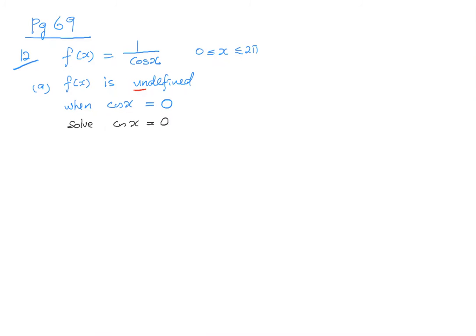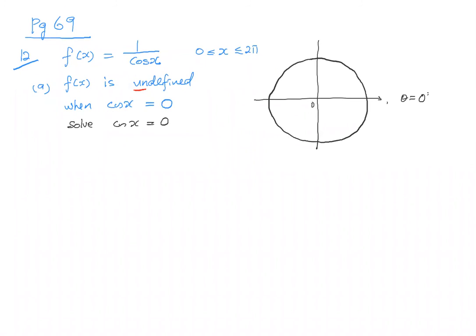Just now you still remember I drew this circle. If the angle is here, the angle theta is equal to 0 radians, am I right? The coordinate of this point is 1, 0.